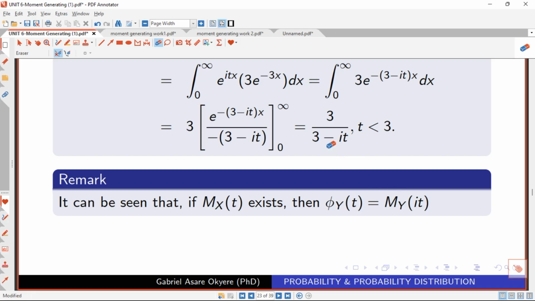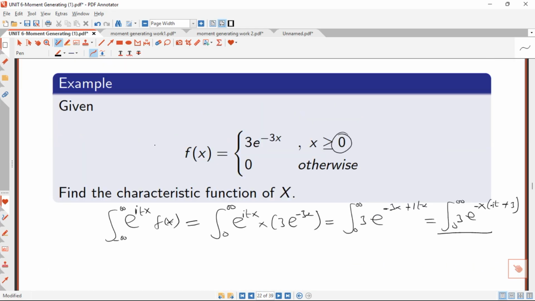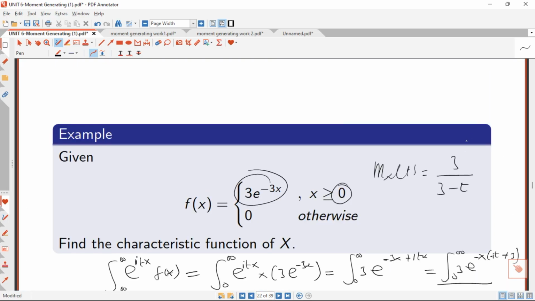In the moment generating function, so let me write it for you to better understand it. The moment generating function for this particular example will be giving us 3 divided by 3 minus t, as we have here.